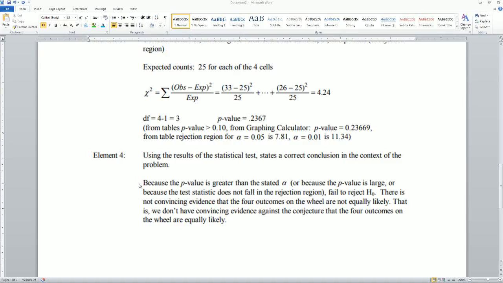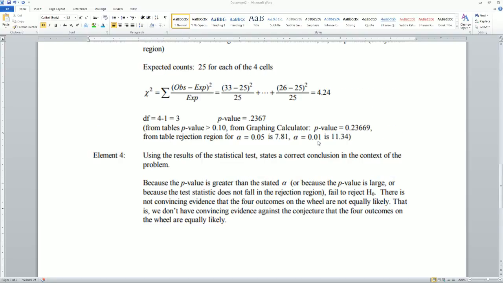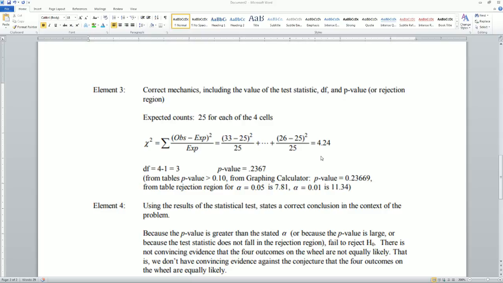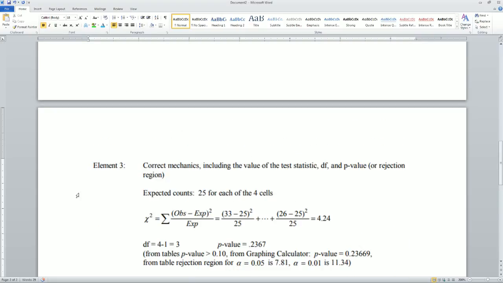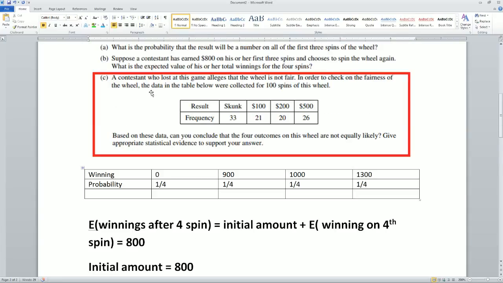But again, I didn't give the whole rubric, but they care about this part the most. This is your statement, and you have this to prove it, and your number wasn't off, so that would be a full point. Okay, good. It's good that you realize that this is a chi-square test.